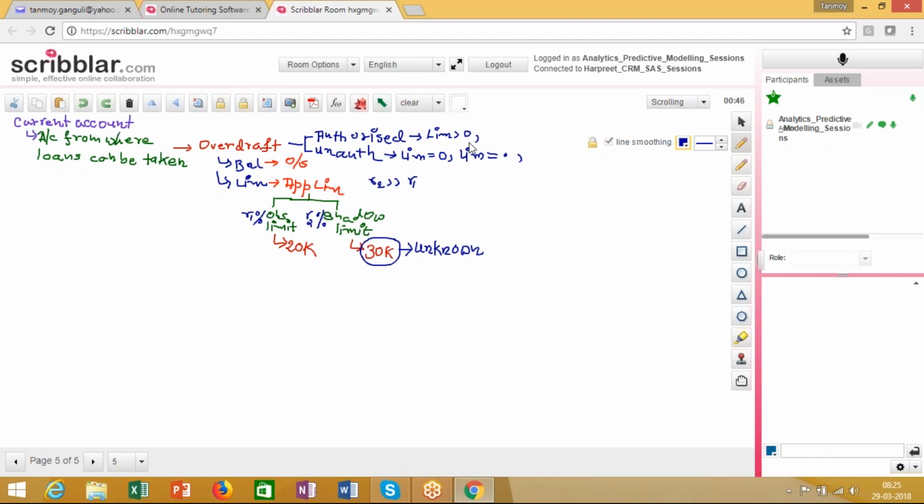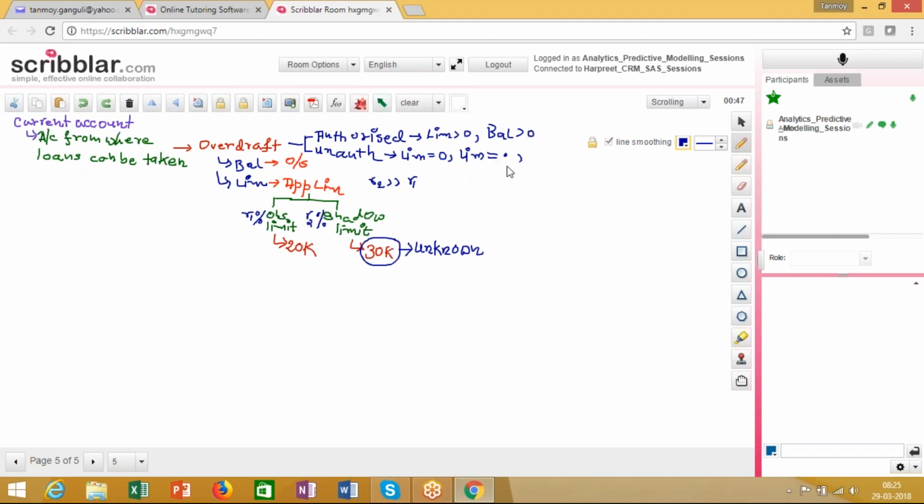So basically, if limit is a given variable to identify authorized overdrafts, I would look into those variables where the limit is greater than zero and the balance is also greater than zero, right?